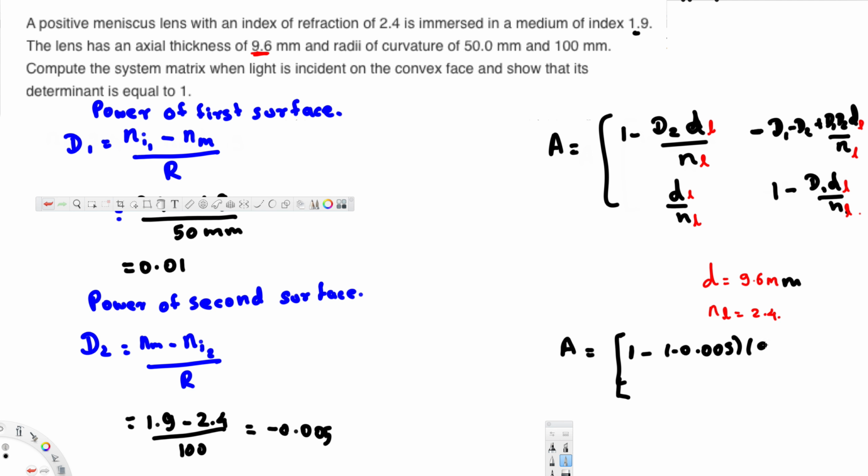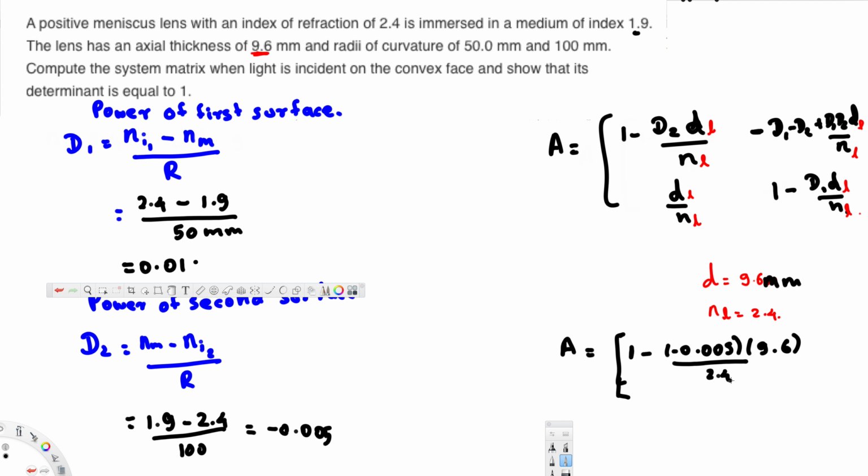Let's keep it in millimeter because we used everything in millimeter, so we don't have to worry about the unit. So 9.6 divided by 2.4, because d over n, d is the thickness 9.6, n is the index of refraction 2.4.